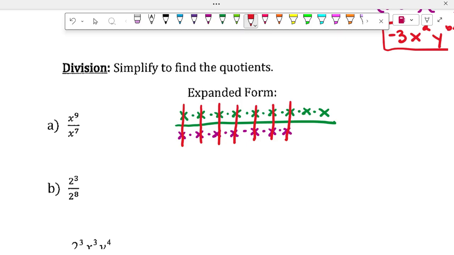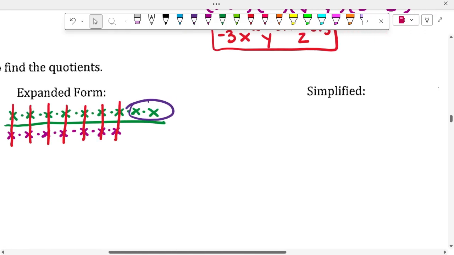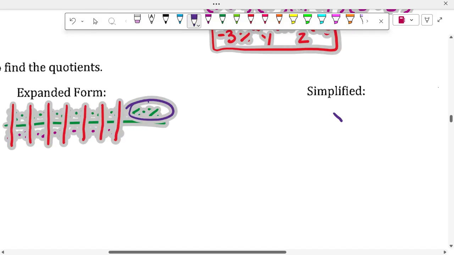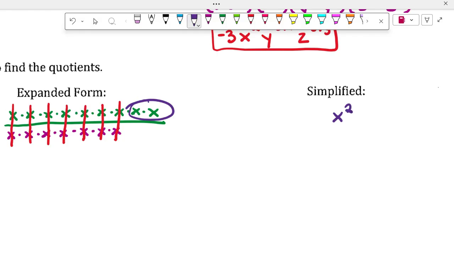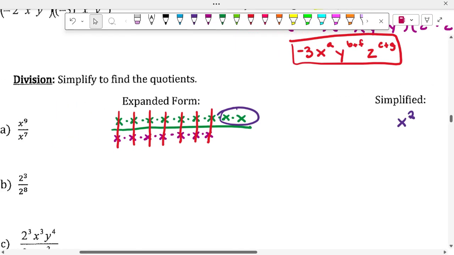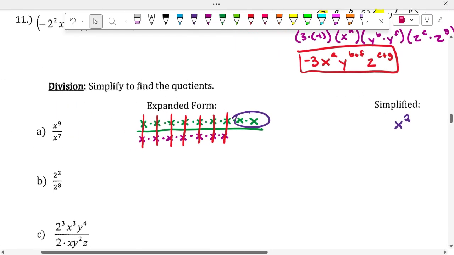So your answer is whatever you're left with. How many x's do I have left over? 2. Are they in the numerator or denominator? The numerator, so they stay in the numerator. So this would be x squared. So essentially, what did we do with the exponents? You subtracted them. All right.